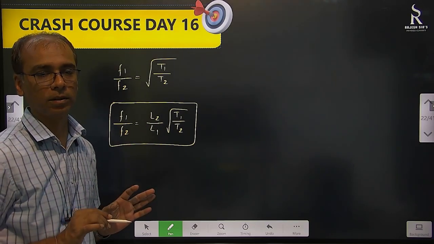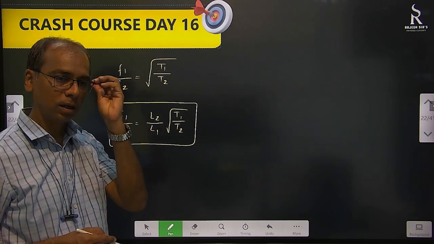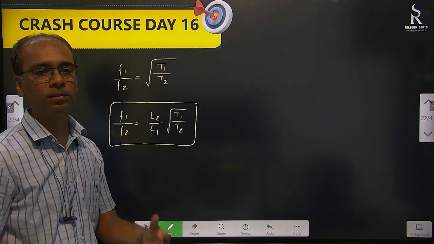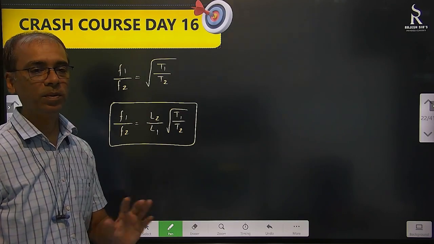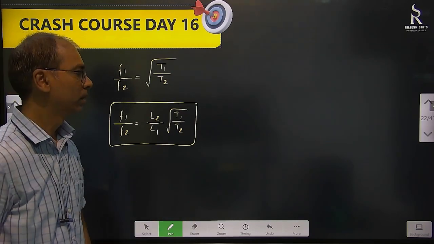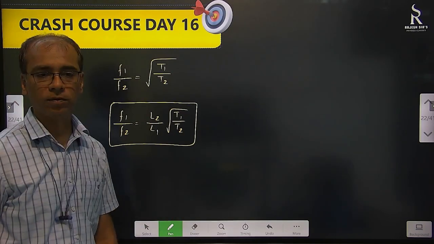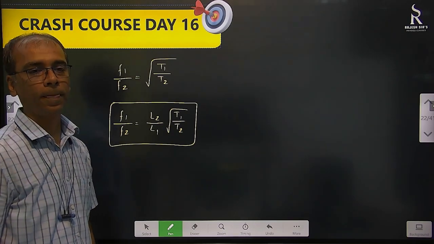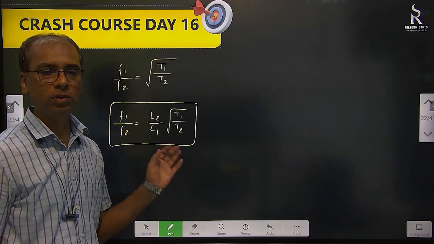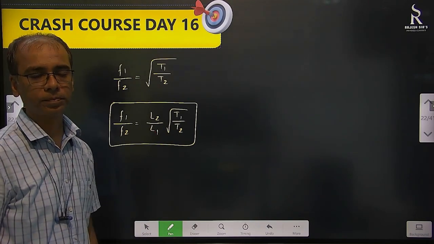Anything can be asked. Since Doppler's effect is not there, otherwise Doppler's effect also could have been brought into beats. So beat is a very important topic, right? That's all as far as waves and sound is concerned. Now go study and solve the problems on this.